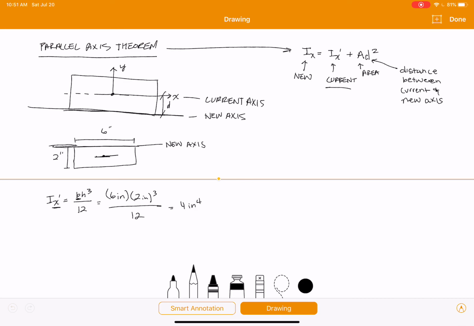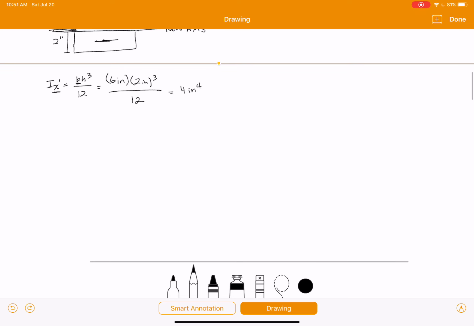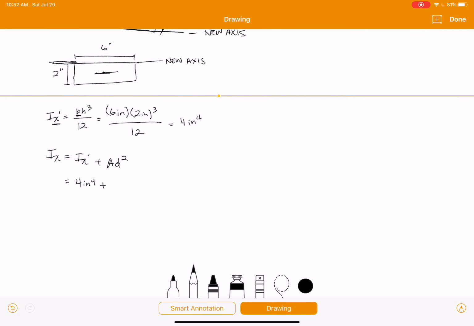So now we've got this part of the equation. Now we just need this part of the equation. So we can say that Ix is going to equal Ix prime plus A d squared. So that's going to be equal to 4 inches to the 4th, plus the area of this section, which is just base times height, so 6 inches times 2 inches. And then d is going to be that distance between the current and the new axis.